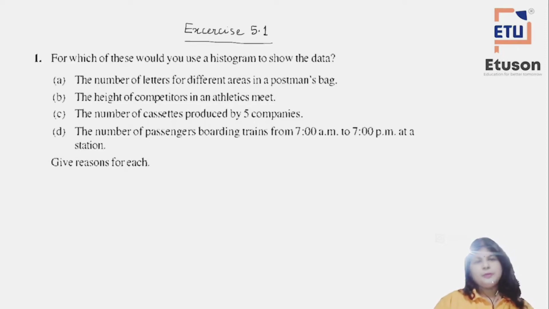The number of letters for different areas in a postman's bag. Can you form a group or class interval for it? No, right? So the number of letters for different areas in a postman's bag cannot be expressed in terms of histogram.